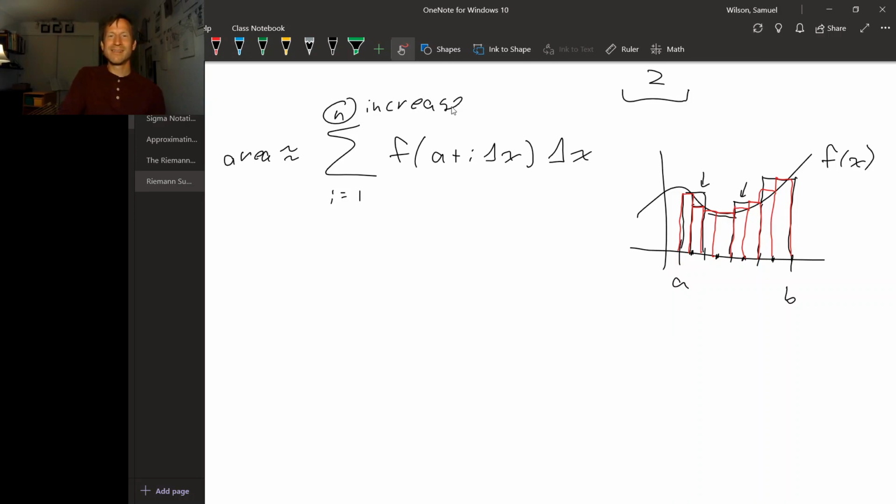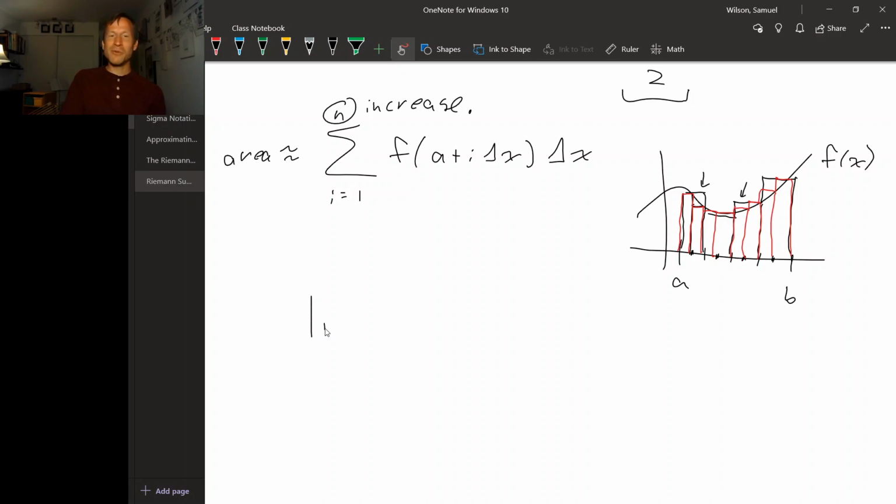Well, how big should we make it? Well, I mean, if we ever stopped increasing n, then we'd still have some little corners of our rectangles sticking out past the graph. So what we really want to do is let n increase without bound. And that sounds like a limit.